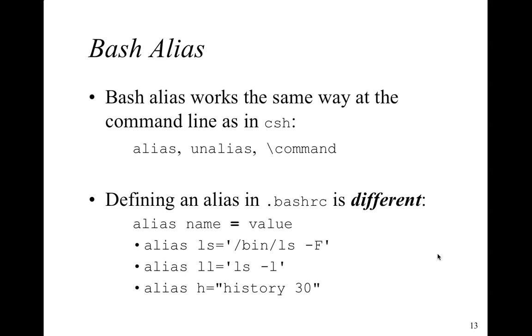Bash alias works the same way on the command line as in C shell, but defining an alias in the script that loads the shell is a little bit different. What's the difference? You're saying alias name equals a value, instead of saying alias, space, the value, space, the original command. So the syntax is a little bit different for how you're going to put it in, because the script itself that loads the shell is a slightly different format than the script that loads the C shell.